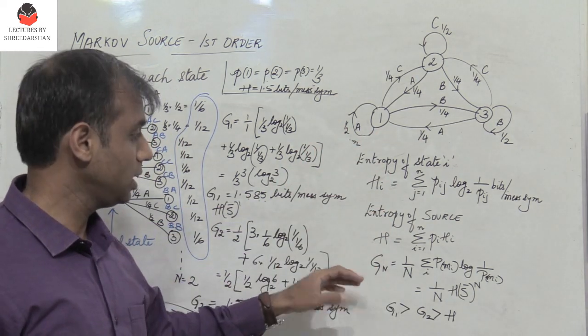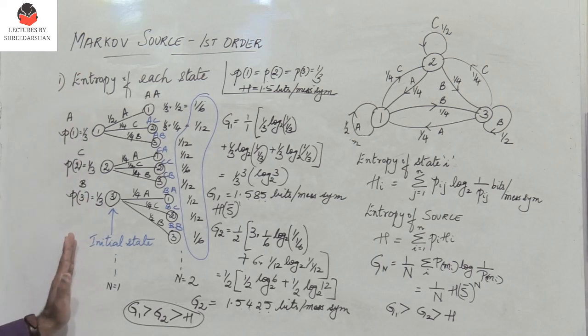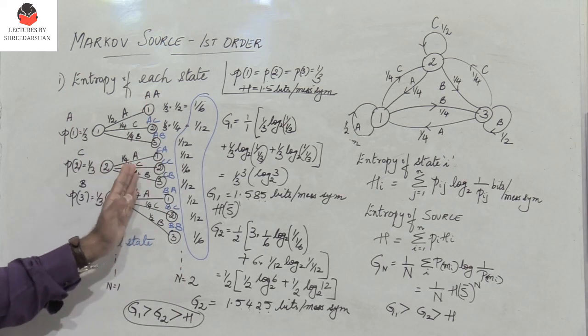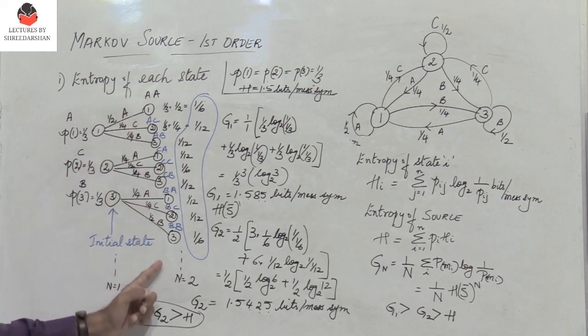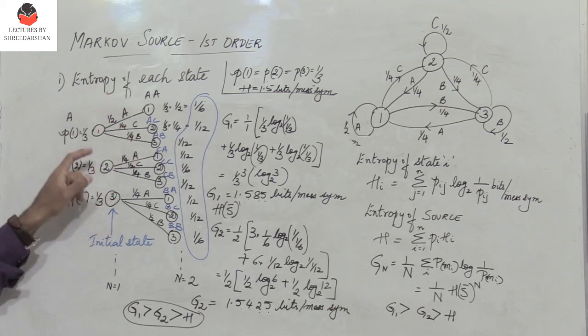And of course to find G. So to find G1, of course you need to consider the initial state. To find G2, you need to consider after the emission of one symbol. So therefore you have the initial and the first symbol which is being emitted.